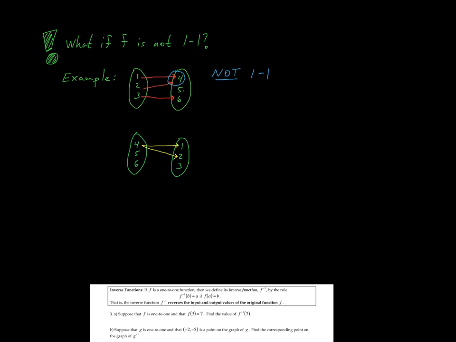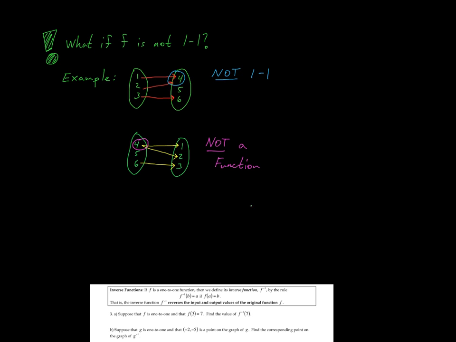Well, 5 here doesn't come from anything, so it's not going to be mapped to anything here. And then 6 would go back to 3. See, here's the deal. This relation is not a function anymore. So here, this is not a function.